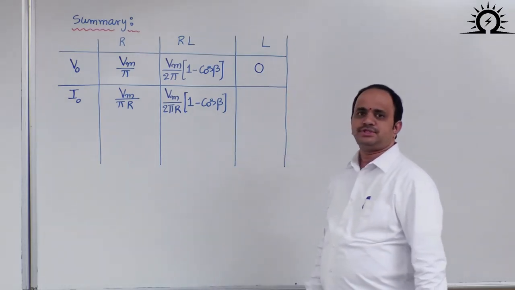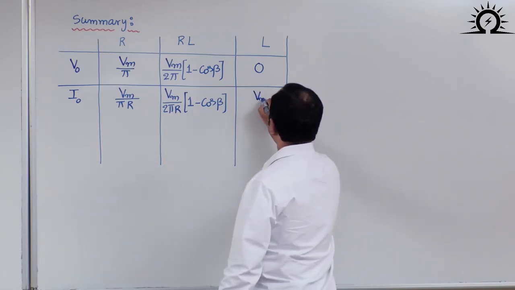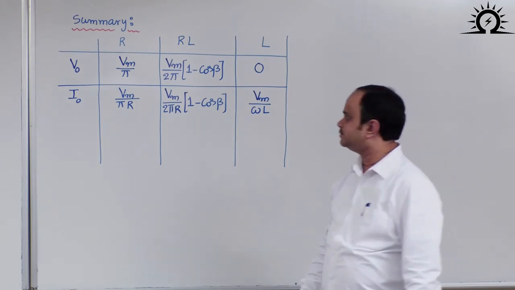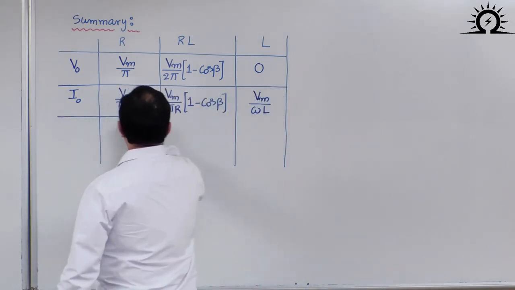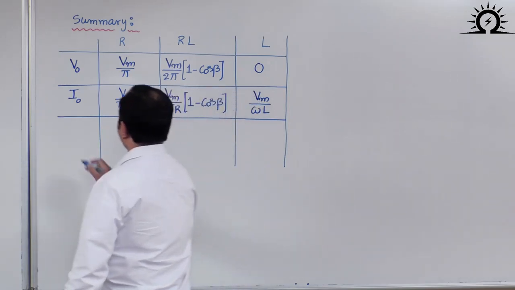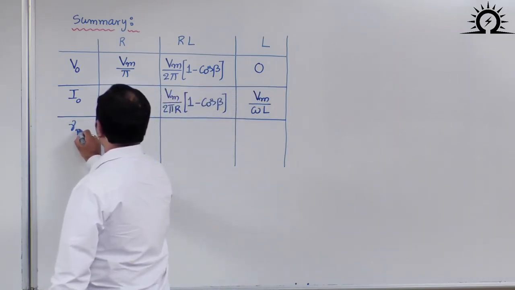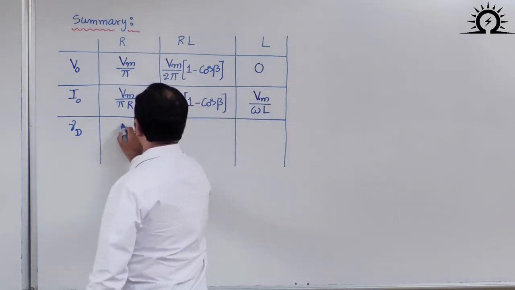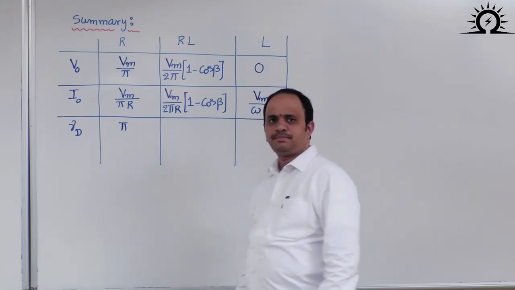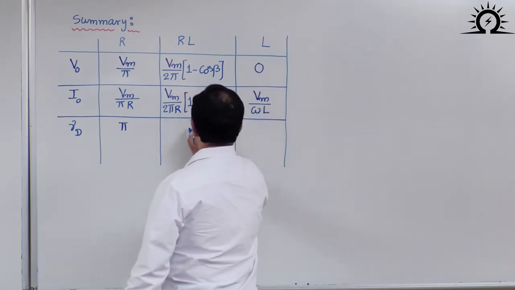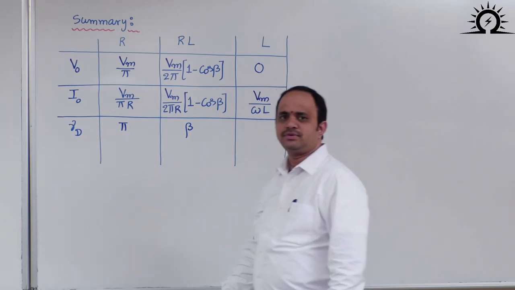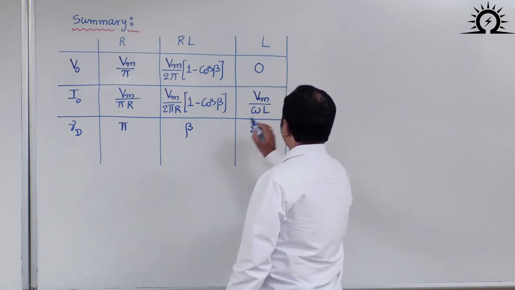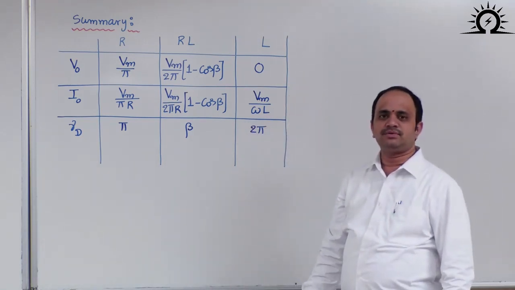Average output voltage is 0, but average output current is Vm by omega L. Next, if we look into the conduction angle of the diode, in case of resistive load, that conduction angle was pi, and in case of RL load, that is equal to beta, which was greater than pi, and for pure inductive load, this is equal to 2 pi.